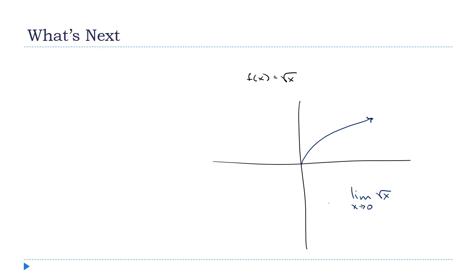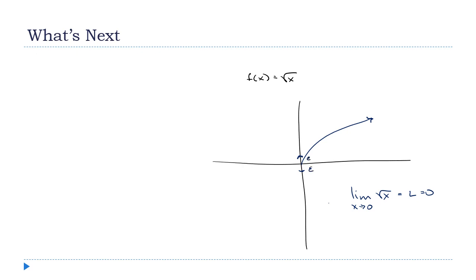It's a real technical thing. If you pick an interval around 0, this is your epsilon.